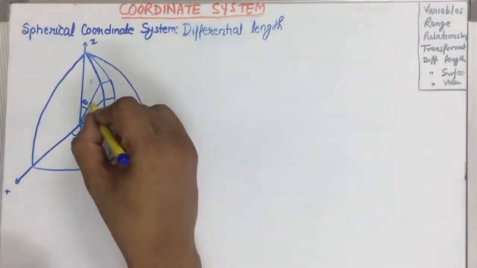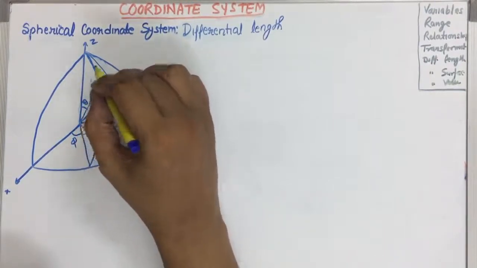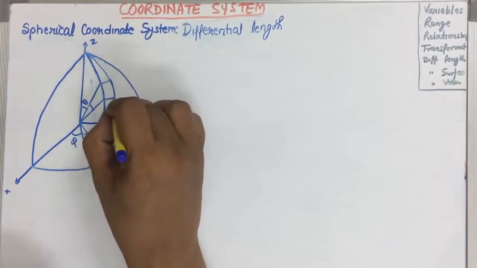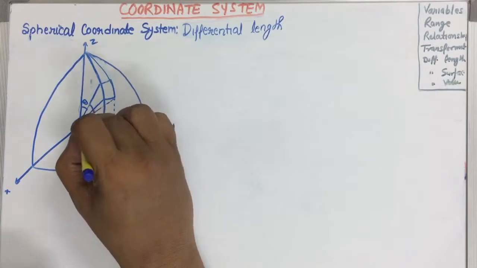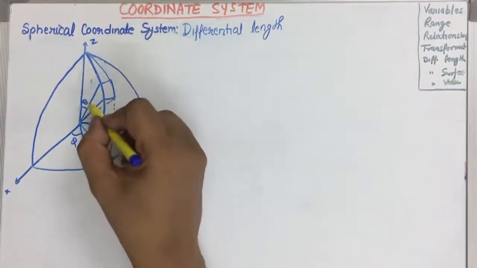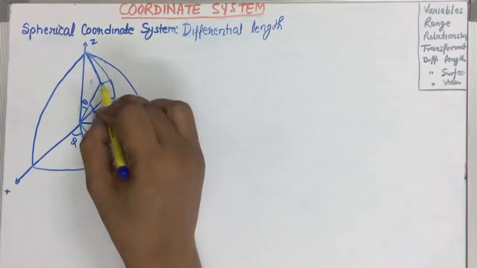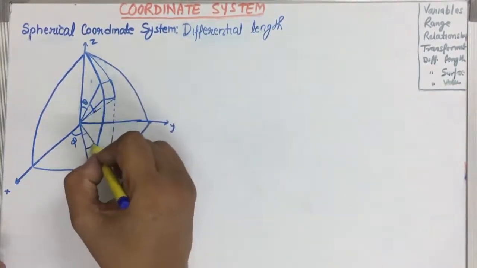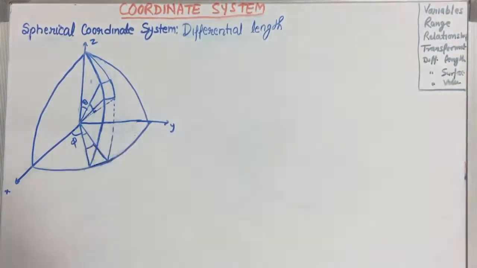This is the differential object. Suppose this part of the radius is considered. This is the differential object considered to find the differential length. Its projection will be here, like that.